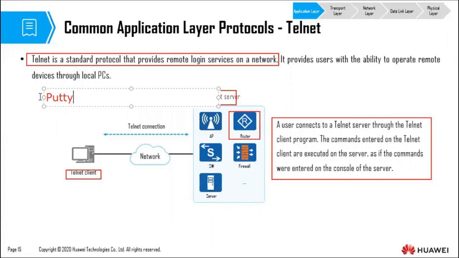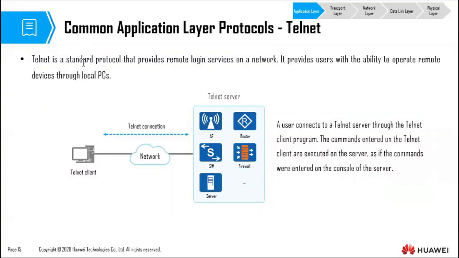For the very first time configuration of a router or a switch, you normally use a cable called a console cable. So PuTTY can enable you to telnet. That is what we call telnet. Remote login and access.